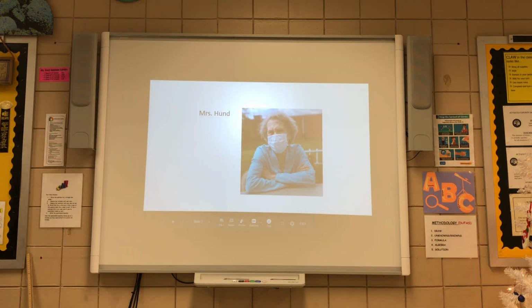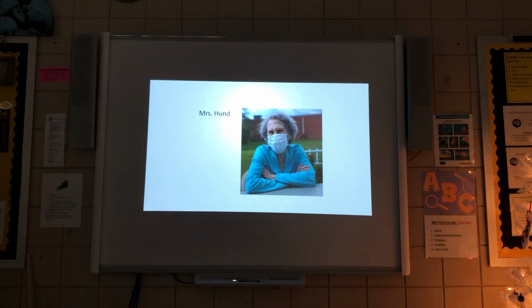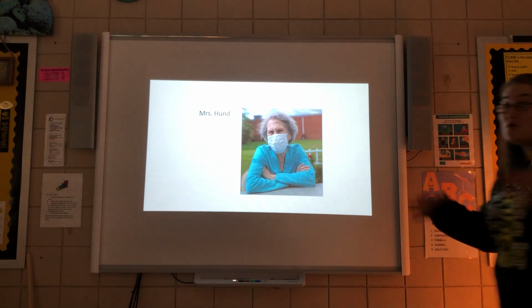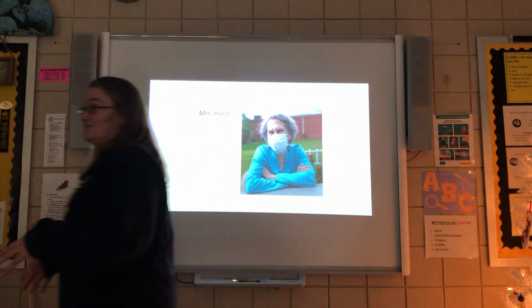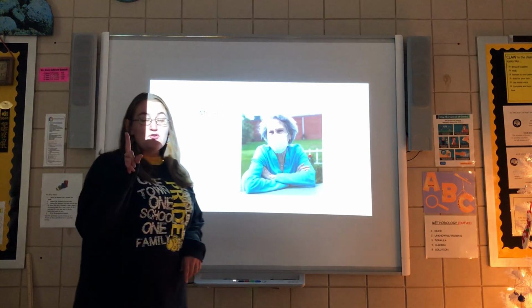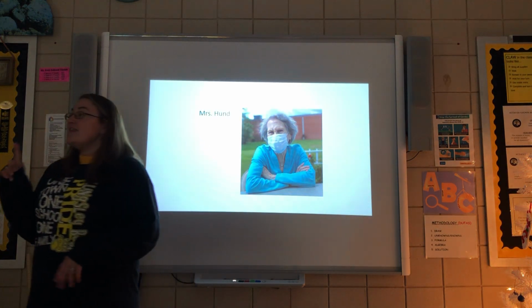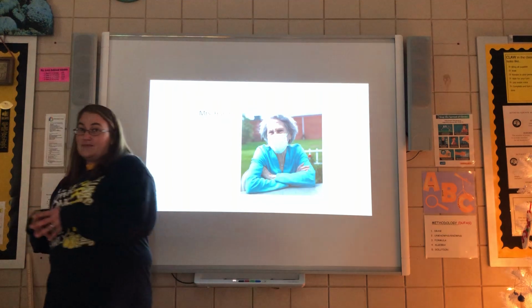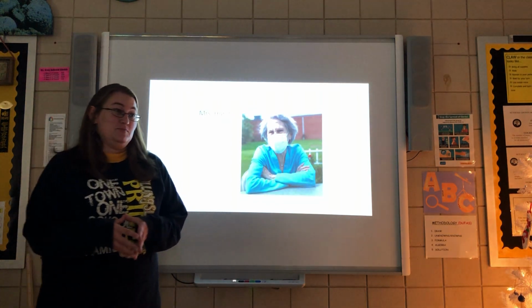Okay, I want you to put a face with the name. There's Mrs. Hund. And like I said, she was a chemist. And her dorm room was the place to be. Okay? So, like I said, she has one room on the first floor. And that type of room is called the sunny side room.